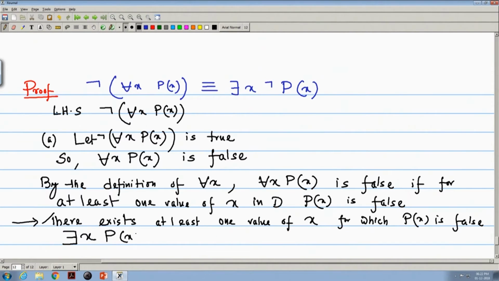So, there exists x, negation p x is true, which is nothing but our right hand side.